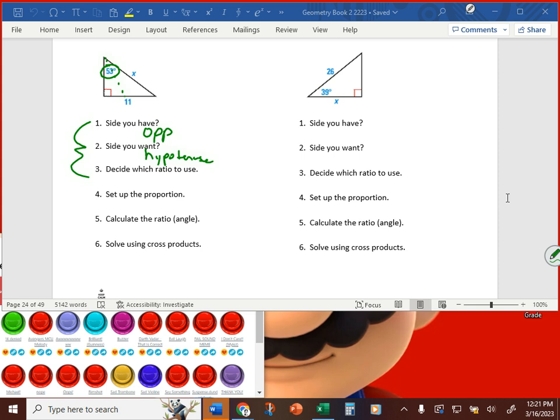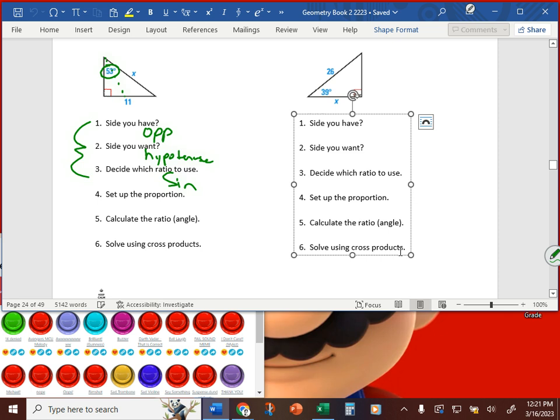Is it adjacent? Is it next to our angle here? Yes, it is. But being the hypotenuse trumps that. Okay? Now, knowing that we're using the opposite and the hypotenuse, what ratio includes opposite and hypotenuse? Sine does. Okay? So we are using that sine ratio, right?